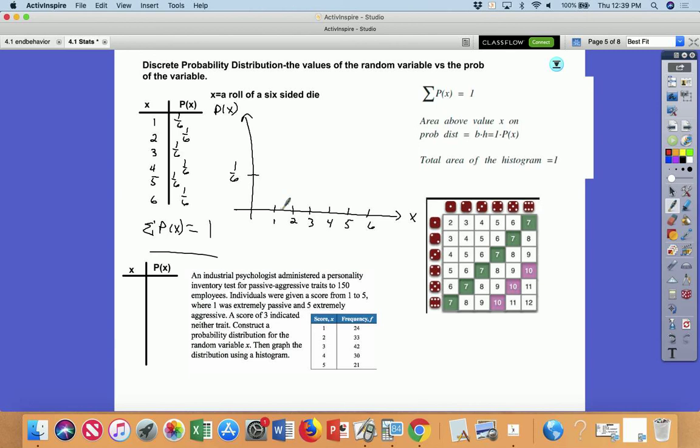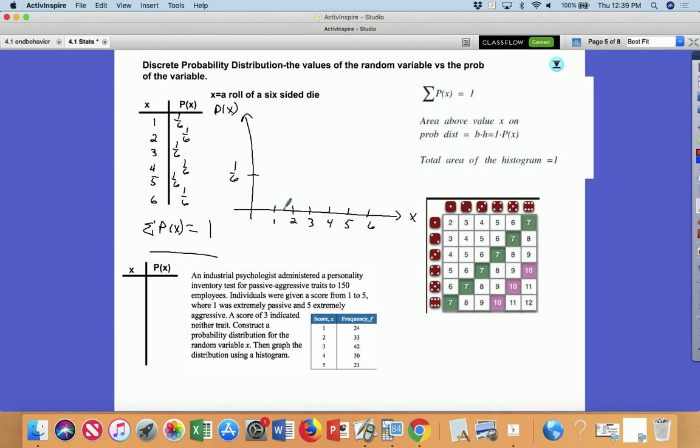Okay, so I'm going to move a half a unit to the right of 1 and a half a unit to the left of 1, and I'm going to make a bar around that 1 to represent the probability of 1.